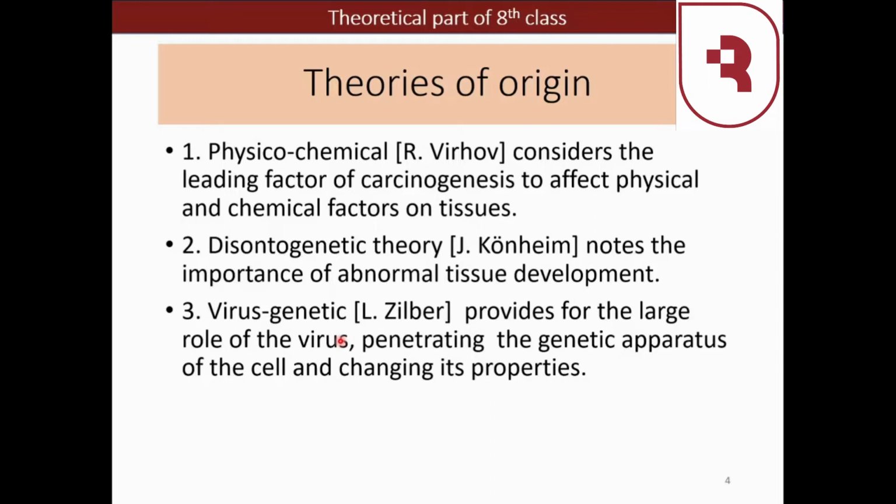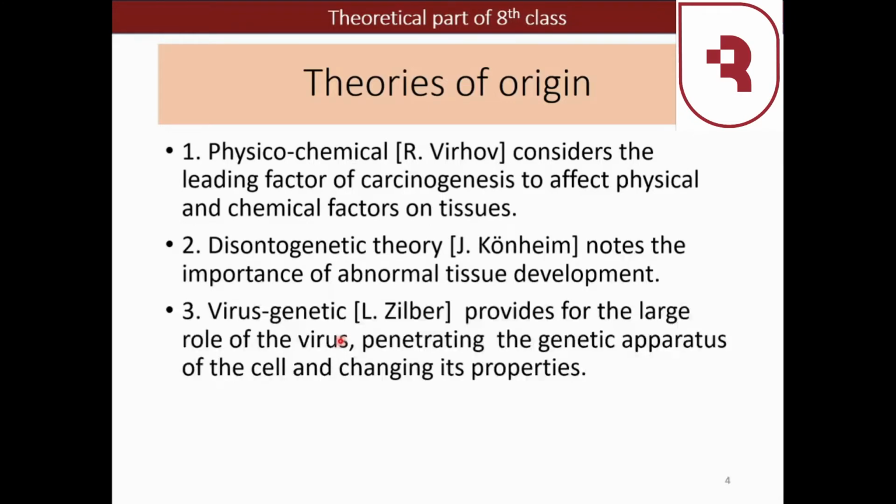The third theory is the virogenic theory. The founder is Zilber, and the main idea of this theory is that there are some different viruses or microorganisms which lead to tumor formation. There are really a lot of different viruses which may lead to formation of tumors, mostly malignant tumors.